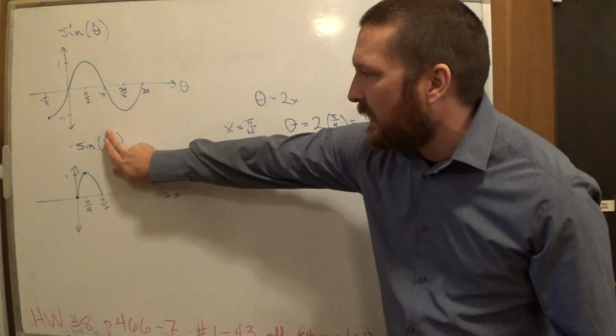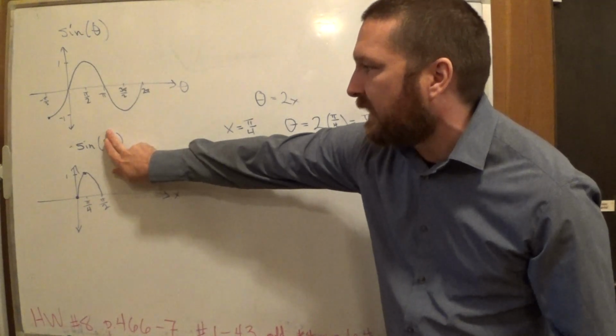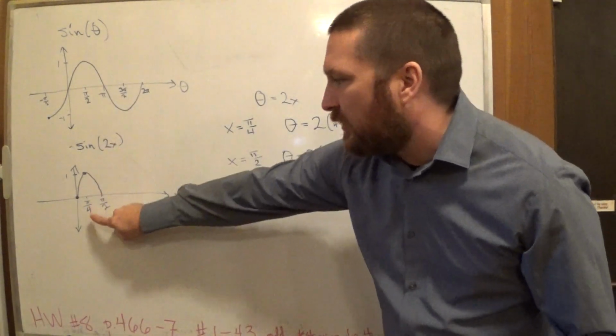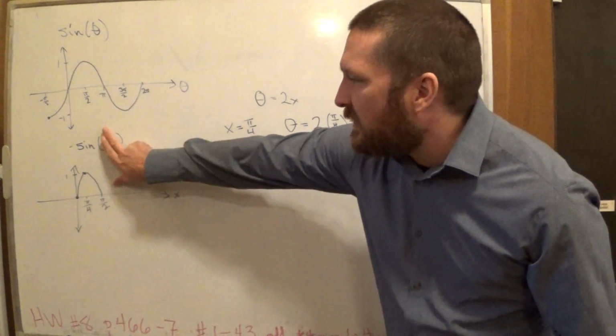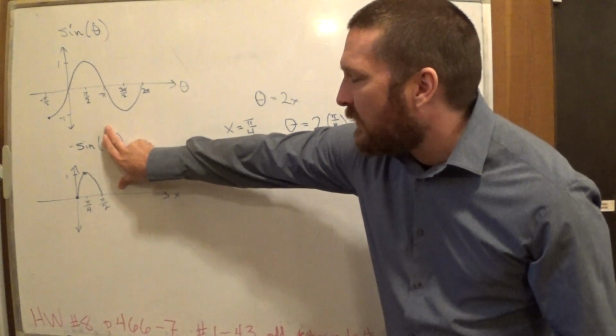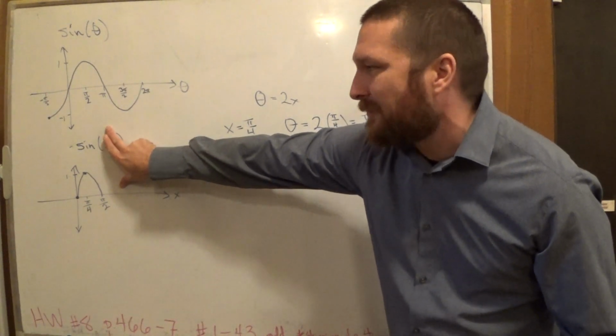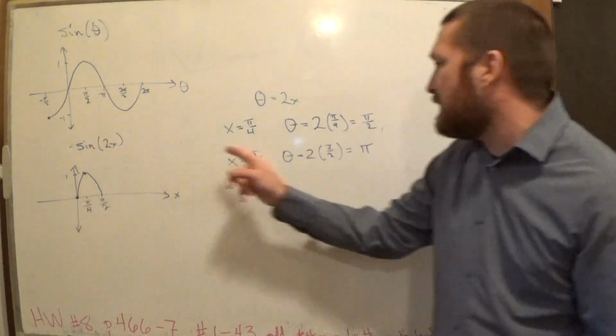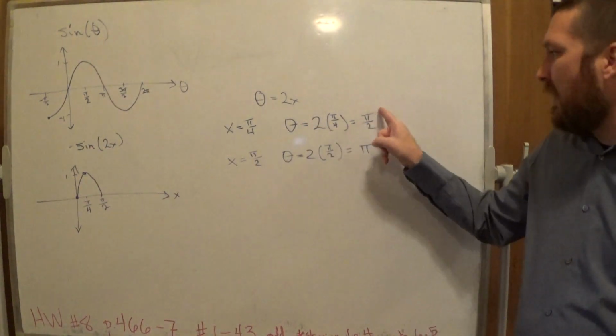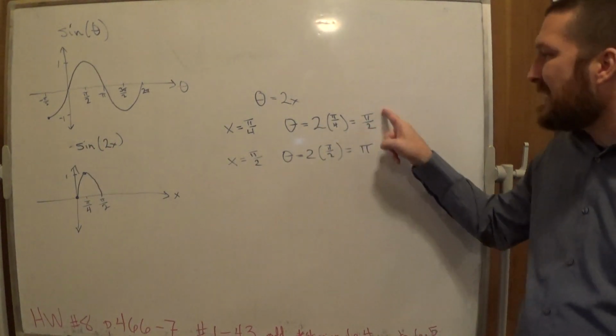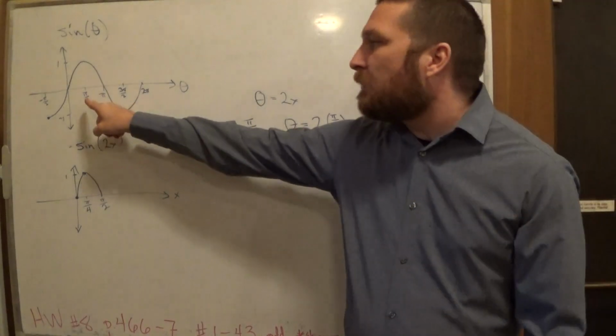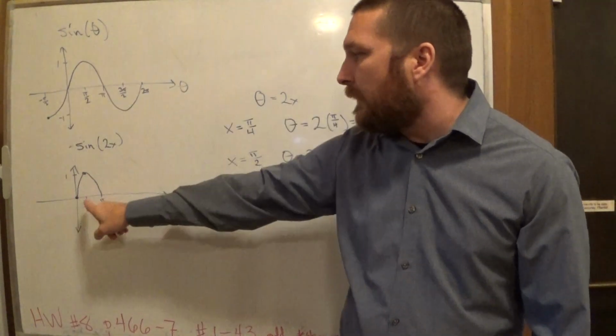All sine cares about is what number you are actually putting in. We know that we're actually throwing in a pi over 4. But as far as sine is concerned, he's going to say, when you plug in a pi over 4, I don't see that. All I see is this, like you've done this, and now this is the thing that goes into sine. And we know that when you plug that into sine, you get out a 1.